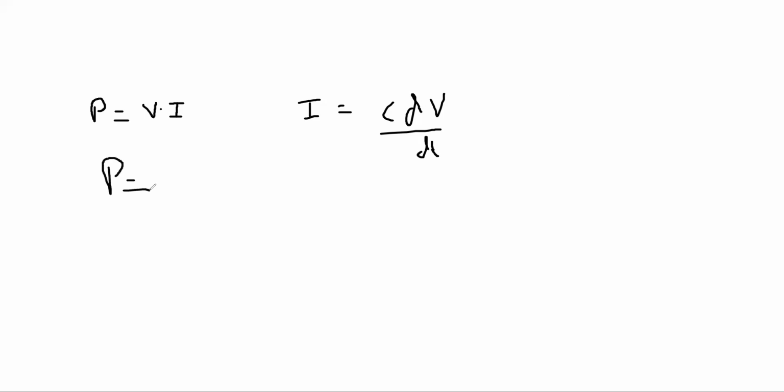Power equal to V into C dV by dt. This is the power across the capacitor. Always you have to find it like this only.